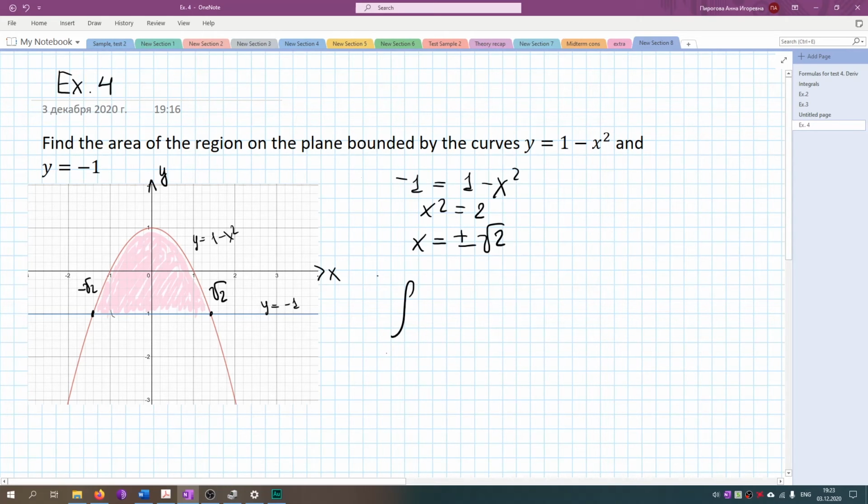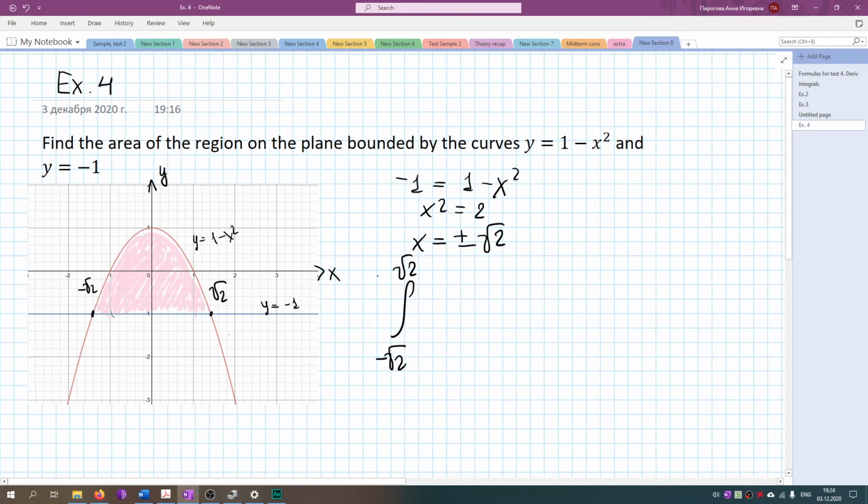So, the integral from minus square root of 2 to square root of 2, and here we will need to write an expression containing our two functions. But first of all, let's see which function is lower than the other.